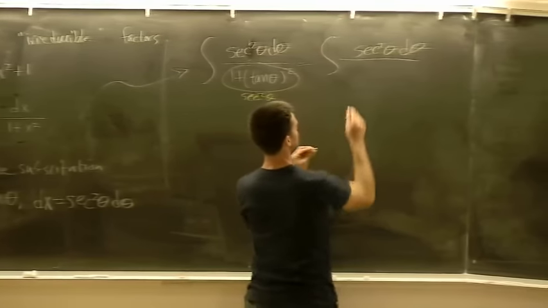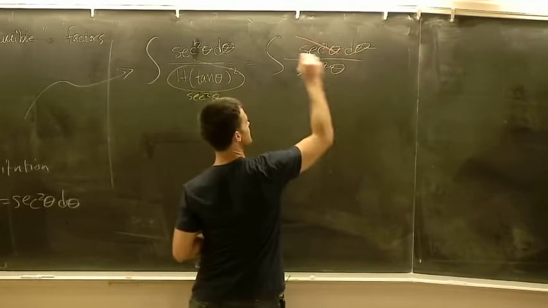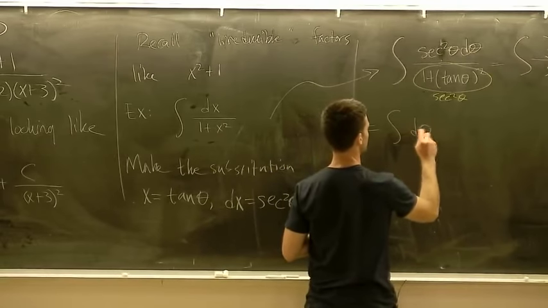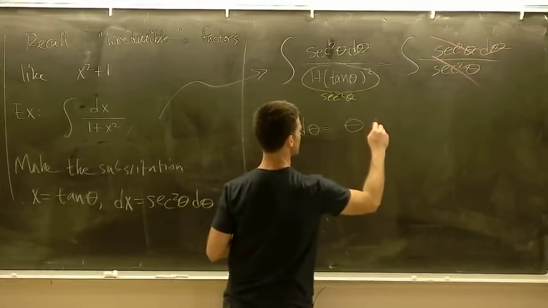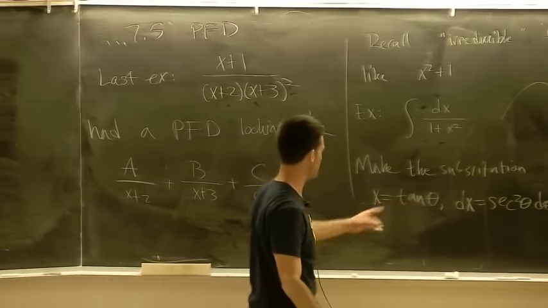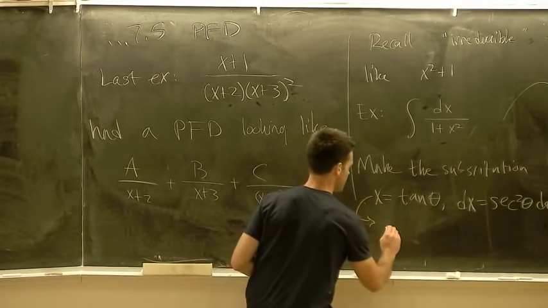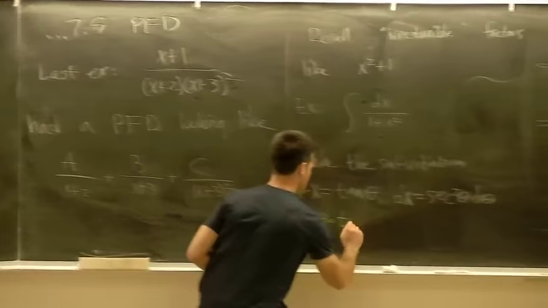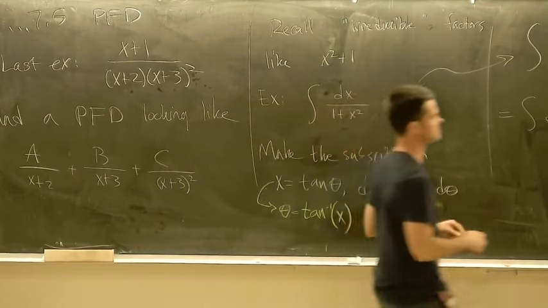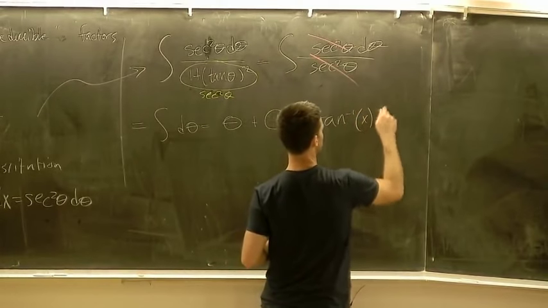So we just get secant squared over secant squared. Cancel the secant squared. It's just the integral of d theta, which is theta plus a constant. And theta, let's see, we can invert this expression to get that theta is tan inverse of x. So this is tan inverse of x plus c.